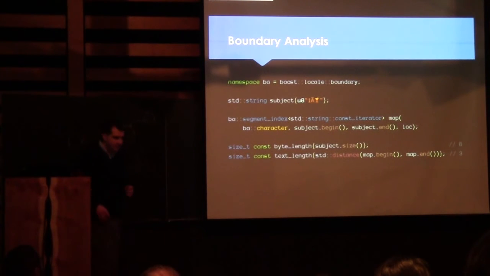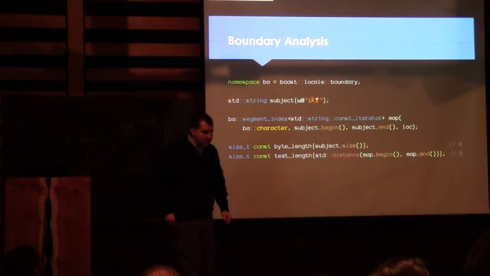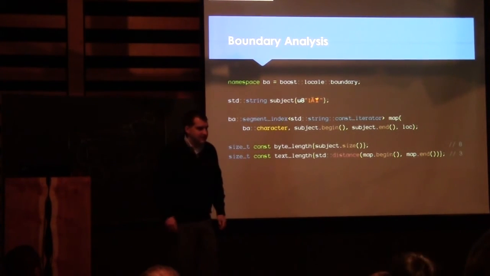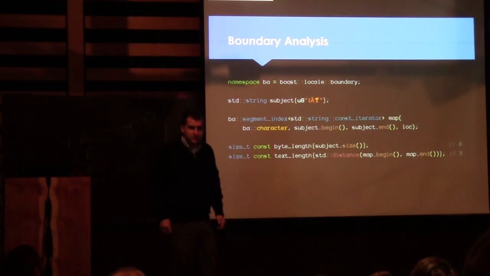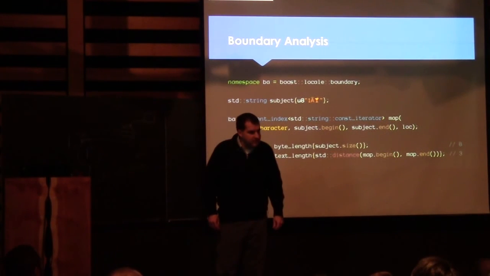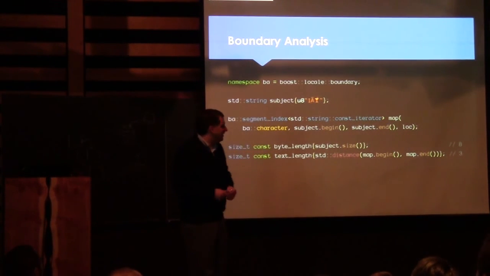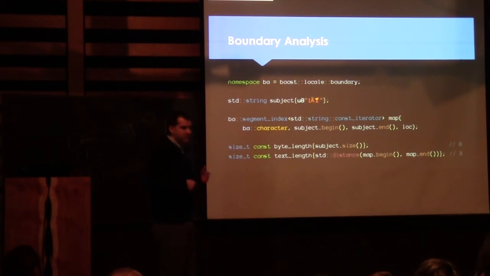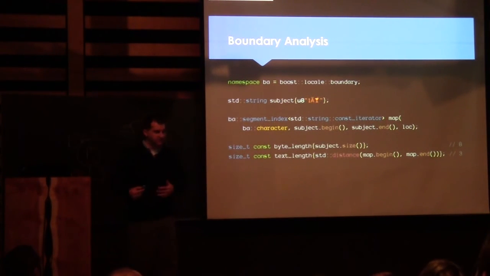Yes? When you say that the A with the diaeresis is actually 2 code points, doesn't that depend on how you actually save the files? Pardon? Doesn't that depend on the encoding of the file? So the question was whether this is the precomposed or the decomposed form, the one that takes just 1 character or 2.